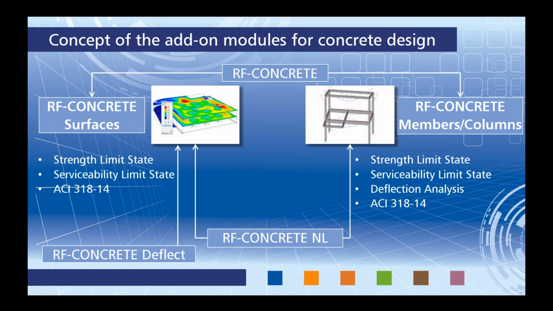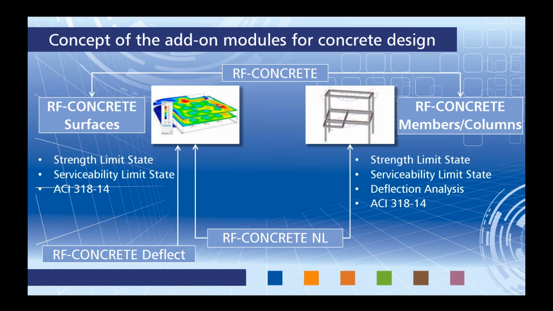Now, as far as deflection, today we will be using RF-CONCRETE Deflect. RF-CONCRETE Deflect is a linear elastic analysis to take into account creep and shrinkage. It is integrated directly within our RF-CONCRETE Surfaces add-on module. We do have another add-on module called RF-CONCRETE Nonlinear. This is for nonlinear analysis.